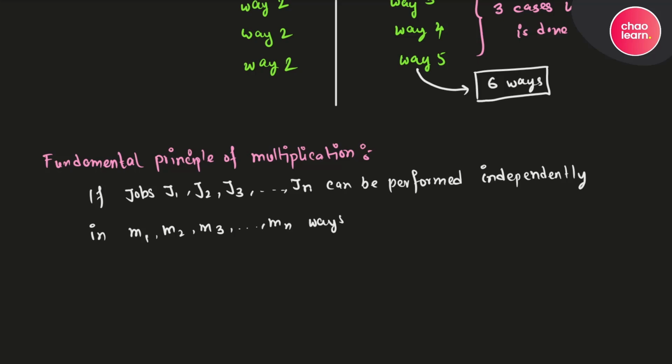So up to this much, what this statement says is that if there are jobs J1, J2, J3 all up to Jn which can be performed independently, the number of ways in which one particular job is done is not affecting the number of ways in which the other job is done.